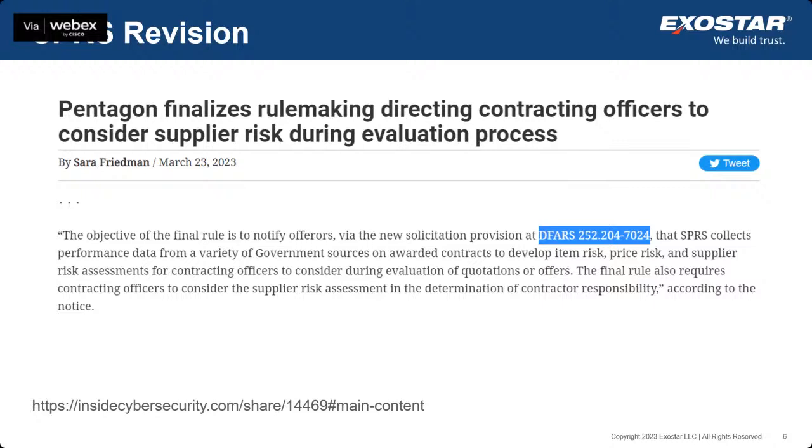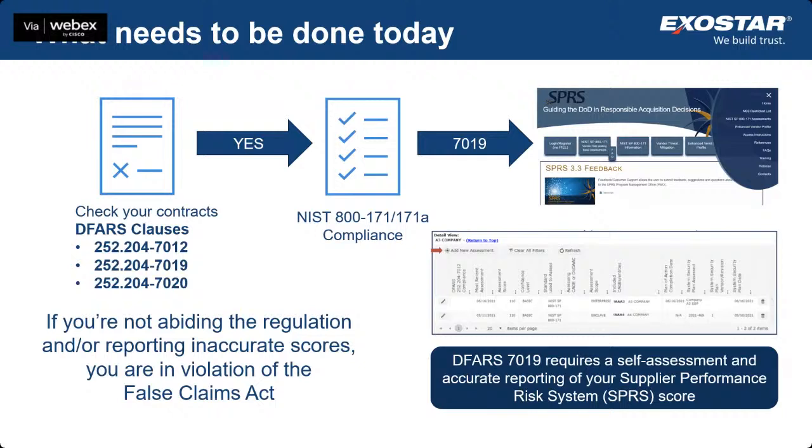This applies if you are on a contract that requires you to protect controlled unclassified information. Those requirements come from clauses in your current contracts, whether you're a direct seller to the Department of Defense or a subcontractor to one that has a direct contract. Those clauses flow down to subcontractors. So take a look at your contracts.